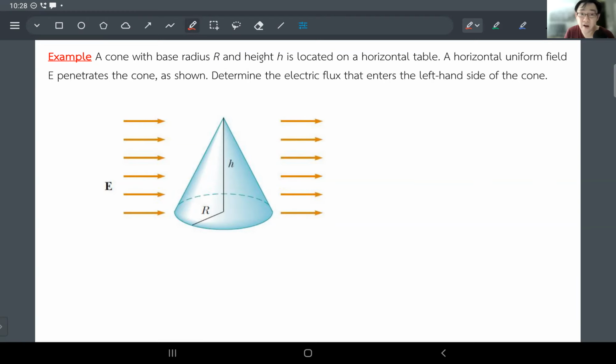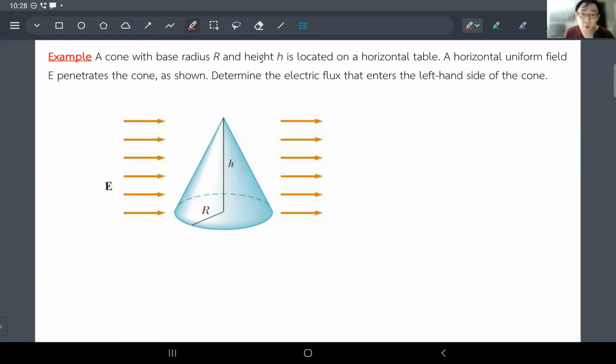They just want the left-hand side of the cone, because now we know the gag here: if they're asking what is the net flux on this cone, you're going to get 0 again, right? Because whatever electric field lines enter this cone volume inside are going to come out. So when in is equal to out, the net flux is 0. You guys are sort of familiar with this scenario already.